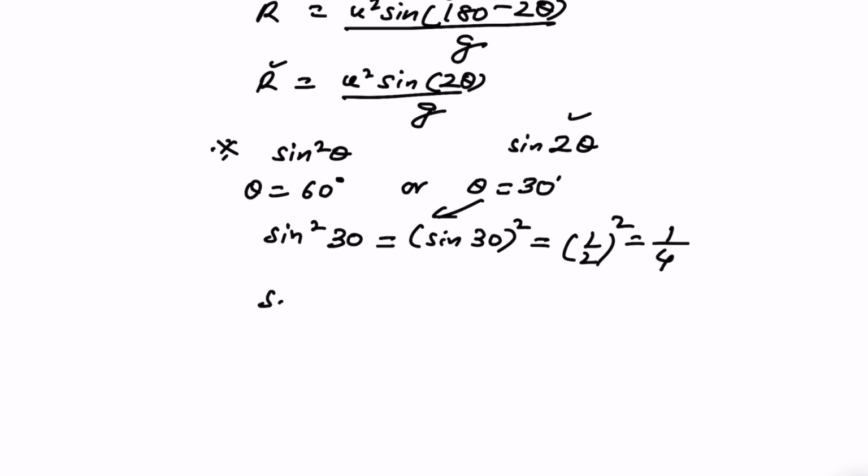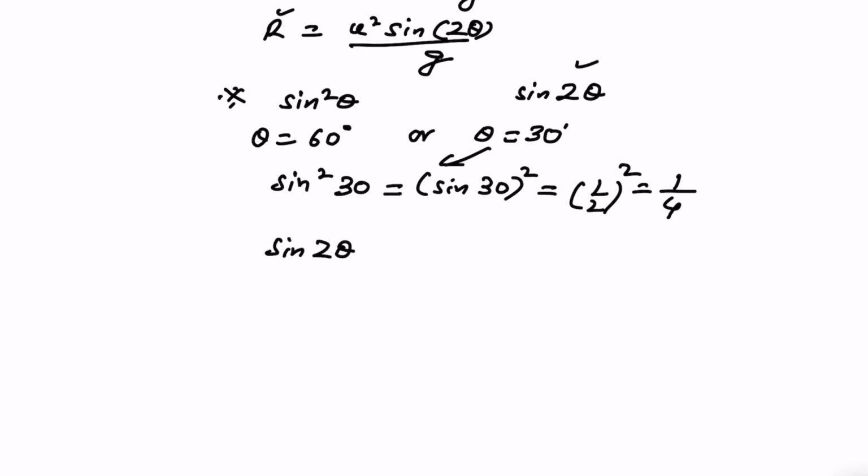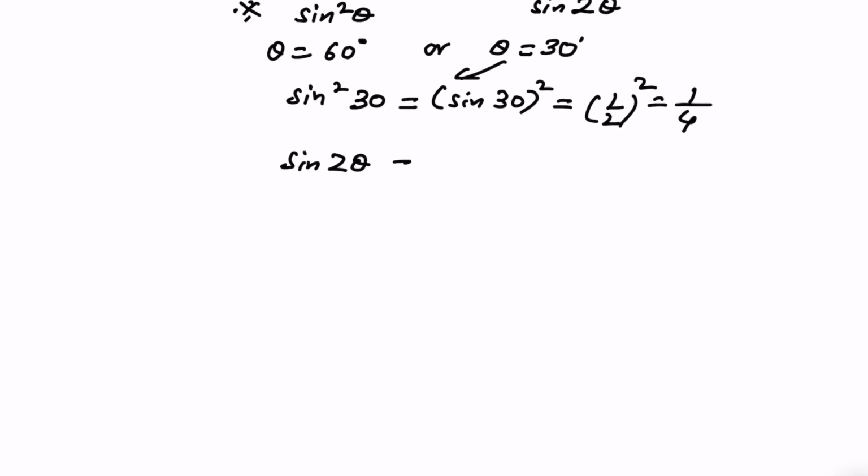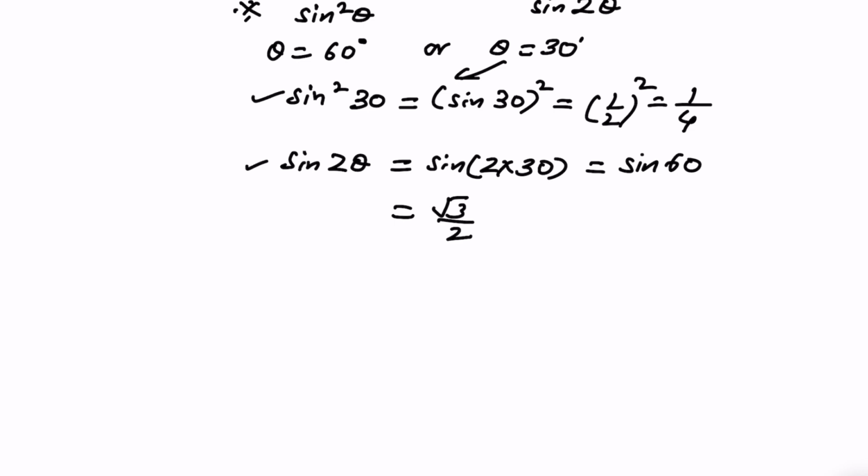And in case you have to find sine 2 theta, for say theta is 30, then that will become equal to sine 2 into 30. That is sine 60. And sine 60 is how much? Root 3 by 2. So this is the difference between sine square theta and sine 2 theta. If you have to find sine square theta, first of all you will write the value of sine theta, then you will square.